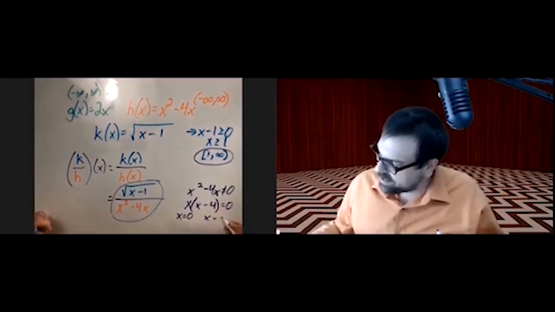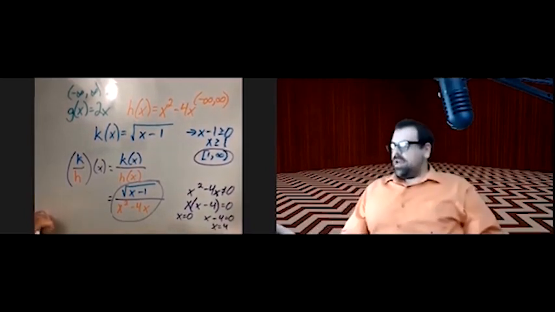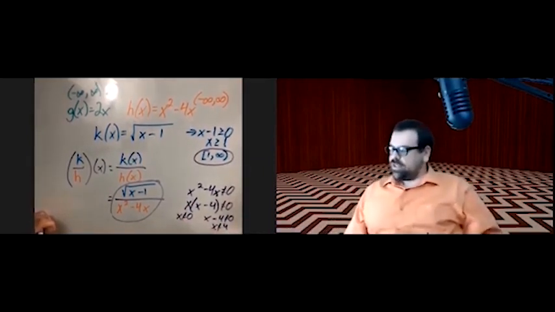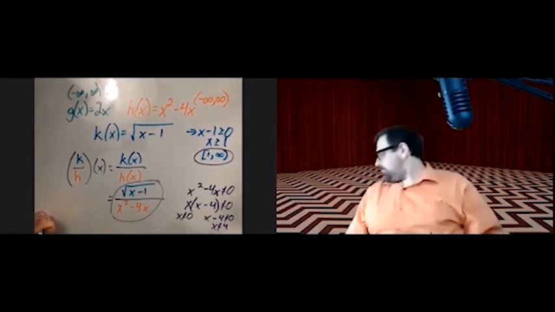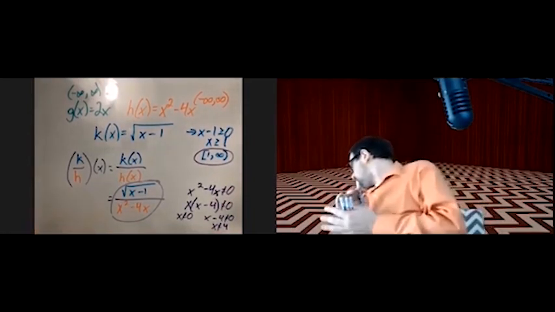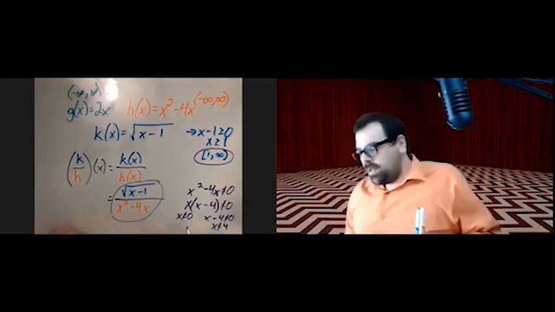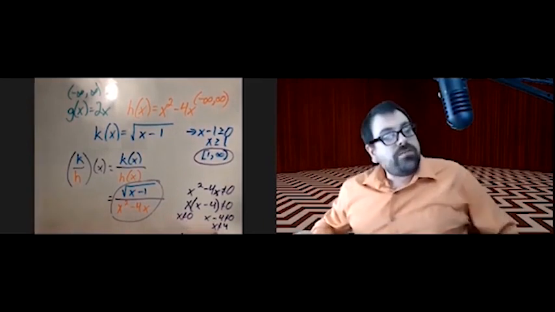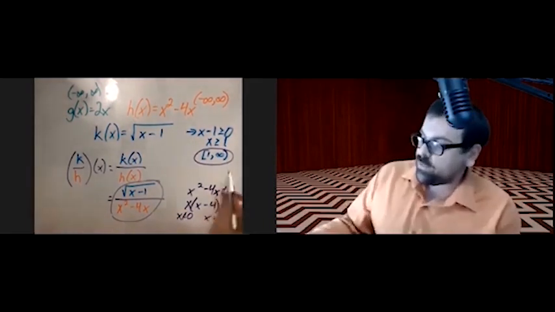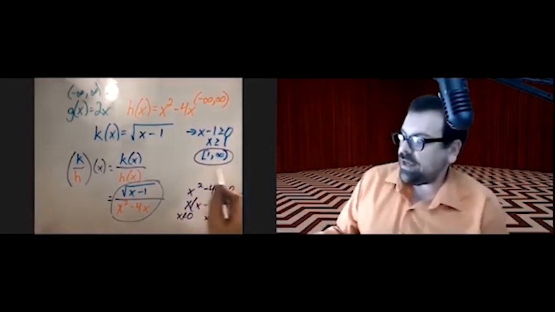I'll even write that out. x minus 4 equals 0, so x equals 4. Specifically, these were not equal. So they are restrictions that we can't have. The 0 we don't have to worry about because we already have the intersection.